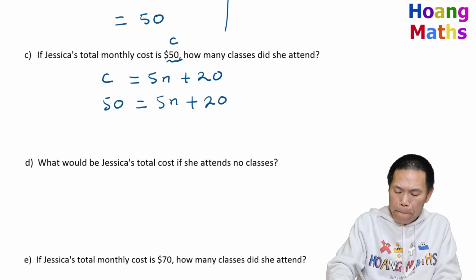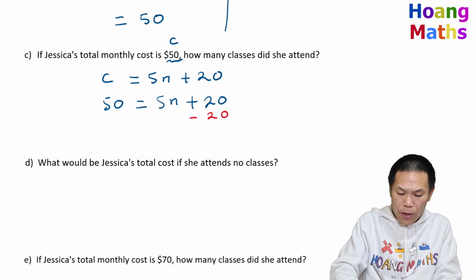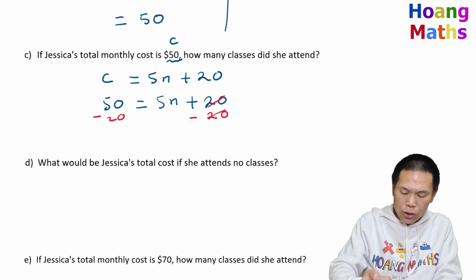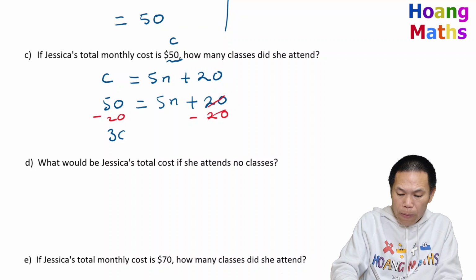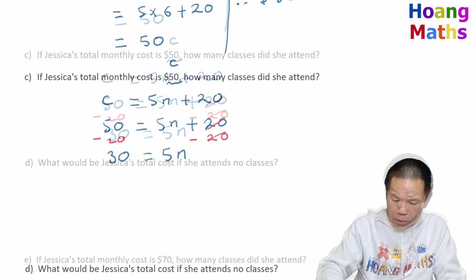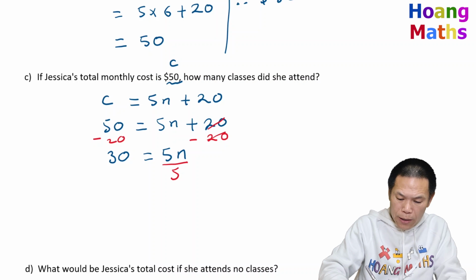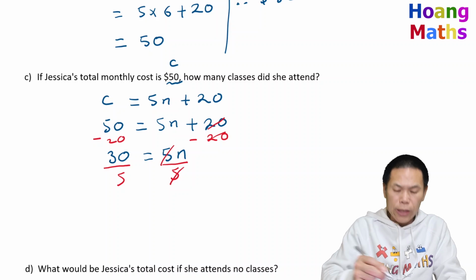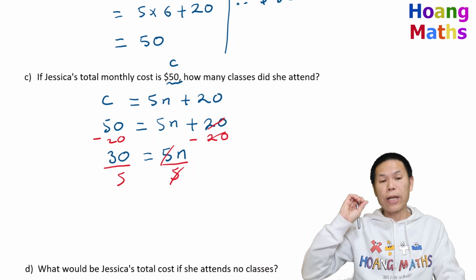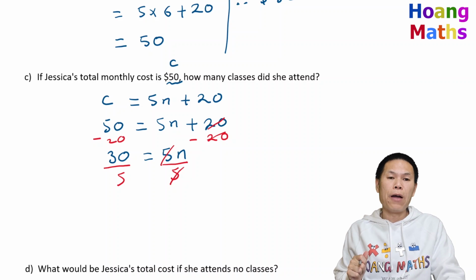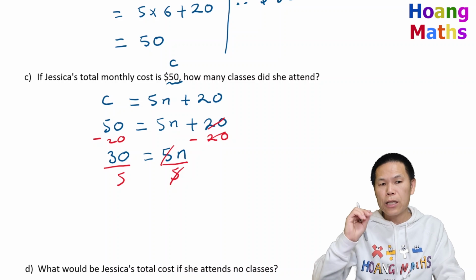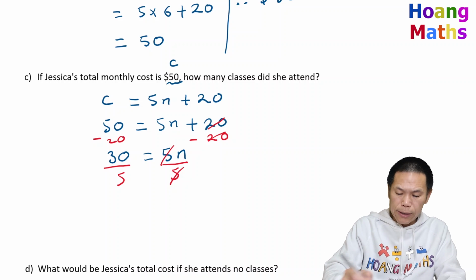So we just minus 20 on this side, minus 20 on this side. So this cancels out. That is 30 is 5n. So I divide this by 5, I divide this by 5. So this cancels out. So I simply put in a calculator 30 divided by 5, otherwise we know that 30 divided by 5 will give me 6.